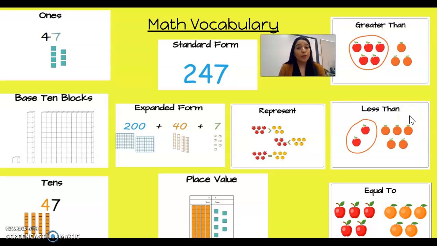Which one's the smaller number? Right here we have 2 apples and 5 oranges. So the number of apples is less than the number of oranges since it's smaller. There's a smaller amount. Equal to means the same. They are equal. There's 5 apples and 5 oranges. 5 equals 5. So the number of apples and oranges are equal to.